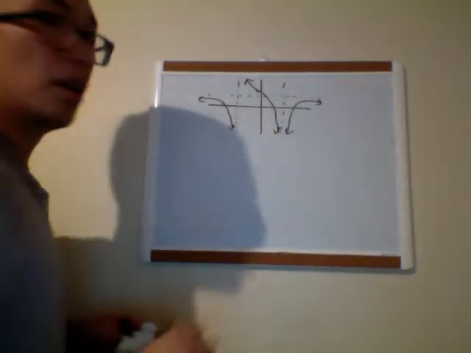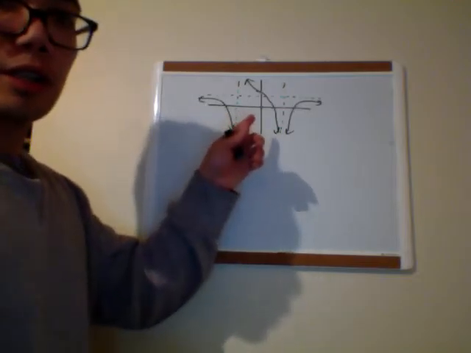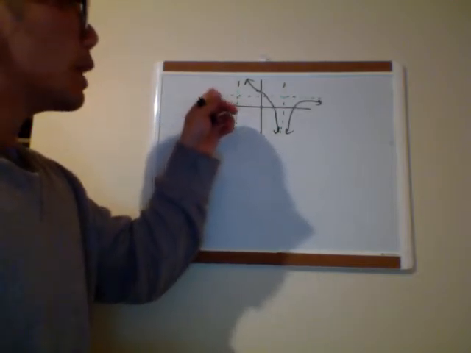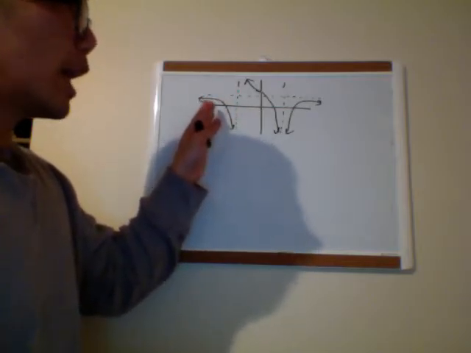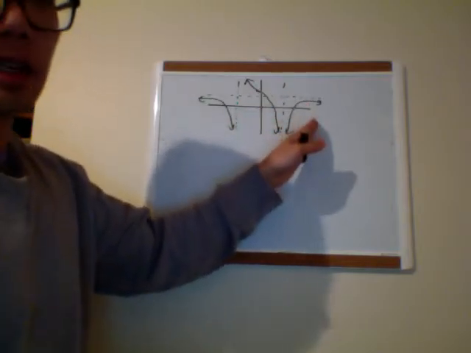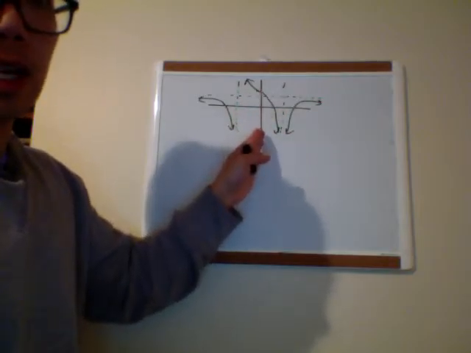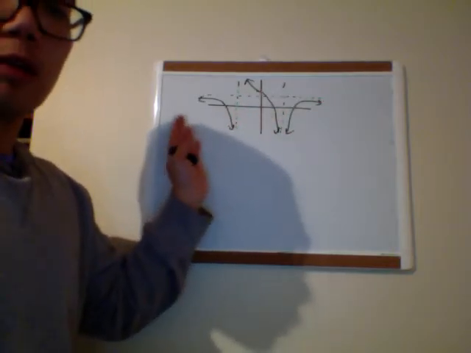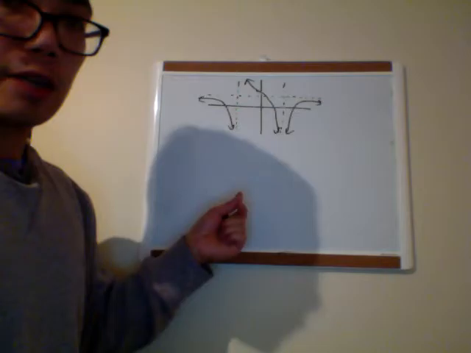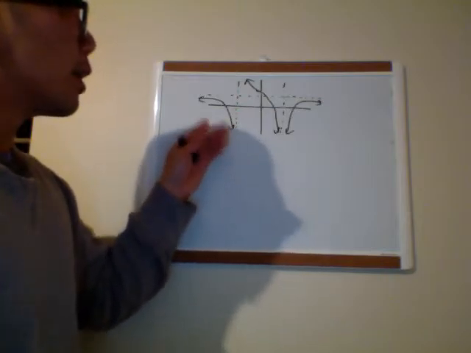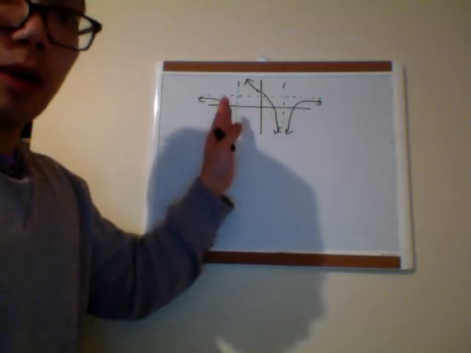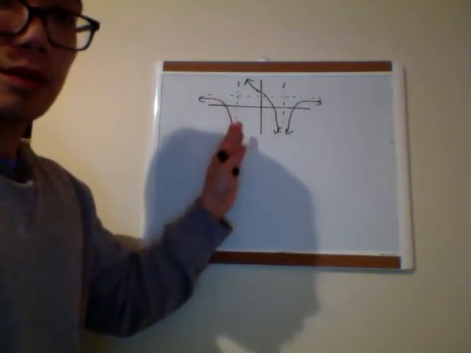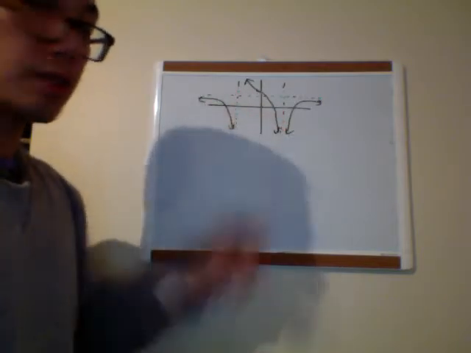The reason is that the horizontal asymptote will only be an asymptote for the left side and the right side of this graph. In the middle, it doesn't act as an asymptote. We don't have to worry about that too much right now, but the vertical asymptotes are ones that you definitely can't cross. Horizontal asymptotes, yes.